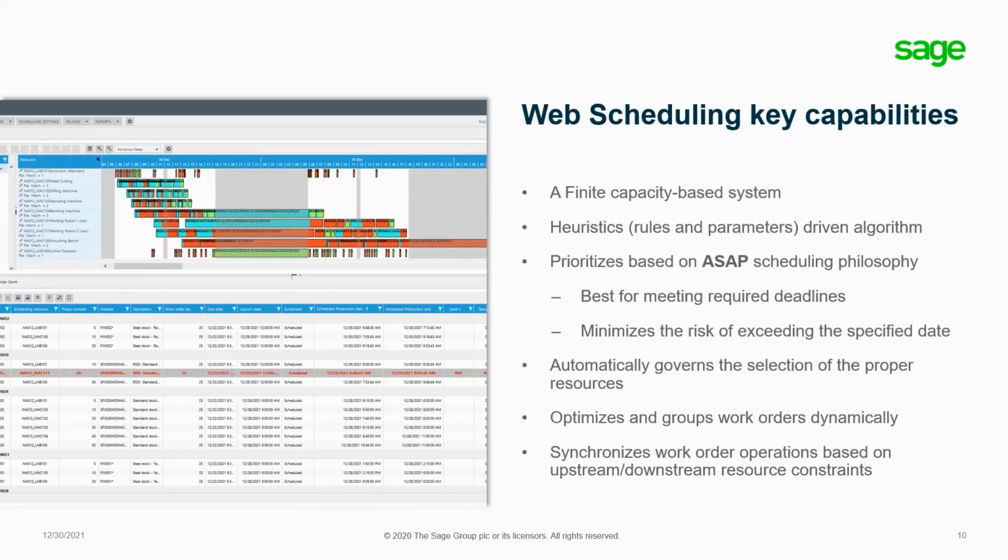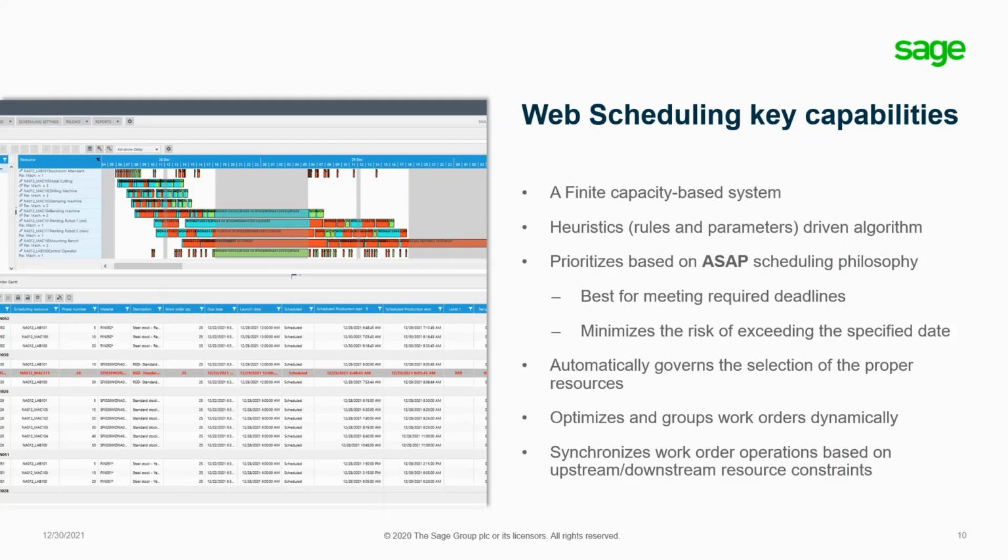Sage X3's web scheduling evaluates the existing finite capacity of physical, logical, and economic resources, and through automated production planning allows for the simulation of production needs and supply requests. It utilizes heuristics or rules to drive the scheduling algorithm. It prioritizes based on the ASAP rule, which has been determined to be the best for meeting required deadlines.